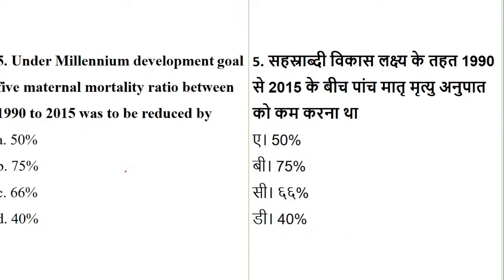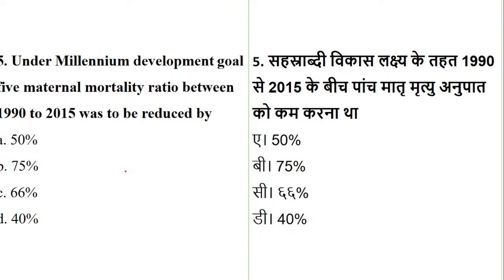Now, under Millennium Development Goals, goal number 5, the maternal mortality ratio between 1990 to 2015 was reduced by how much percentage? 50, 75, 66, or 40. So this is again talking about the Millennium Development Goals.